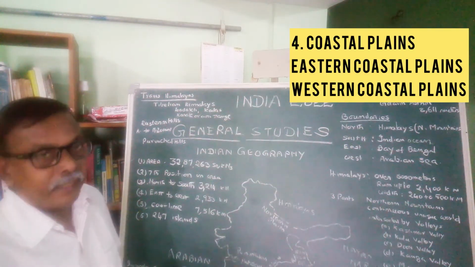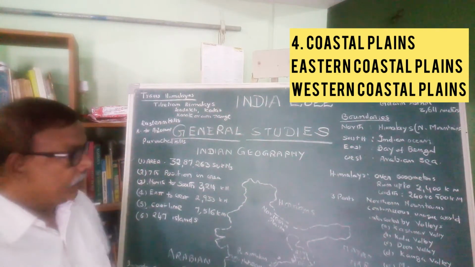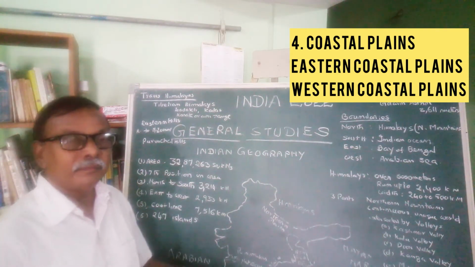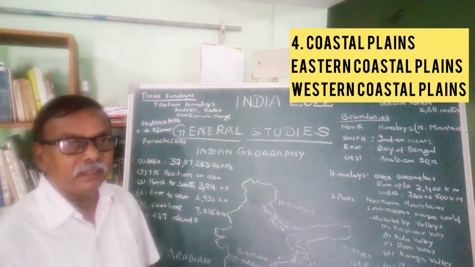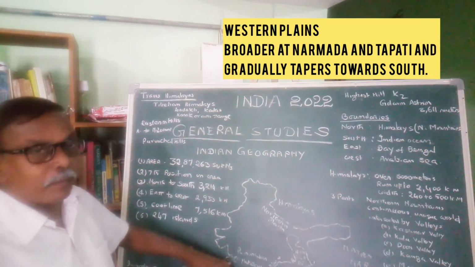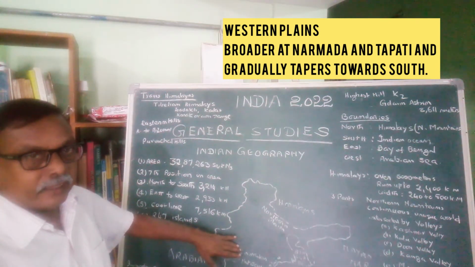And the next comes the coastal plains. The coastal plains are the east coastal plain and the west coastal plain. The west coastal plain is broader at the Tapti and Narmada river side.